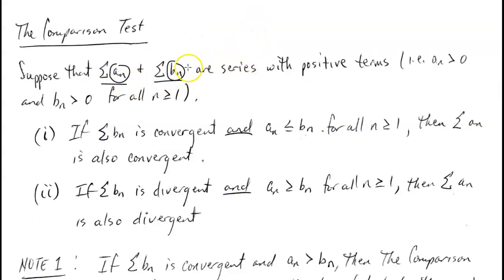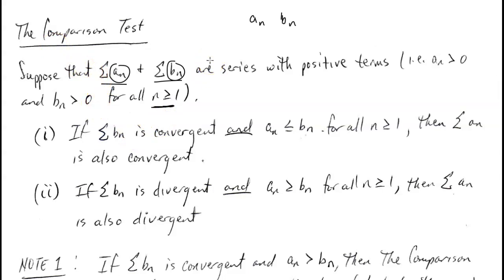Both of these series, in other words both of the sequences, have all positive terms, so the corresponding terms of the sequence are also positive for all values of n, meaning natural numbers, greater than or equal to 1.